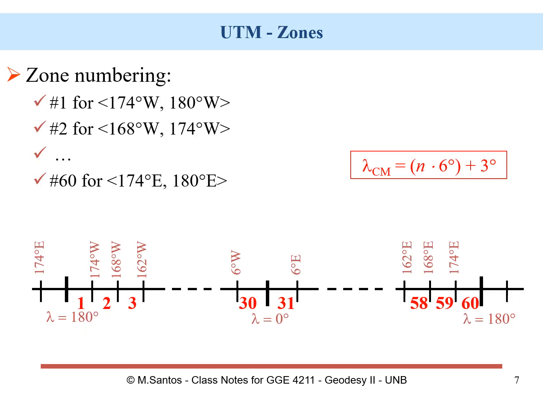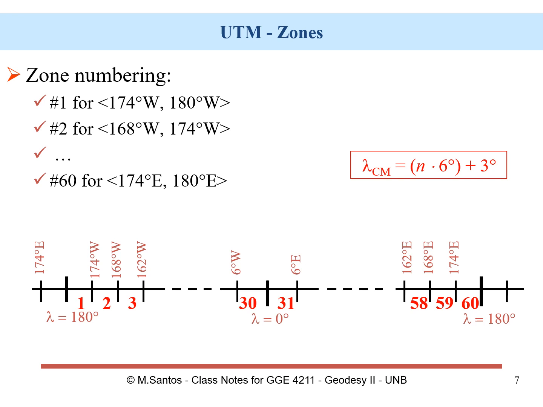This diagram shows the zones and the zone numbering. Looking at the lower part of the slide, we can see that the first zone starts at a meridian of longitude equal to 180 degrees, and then it increases as we move eastward.